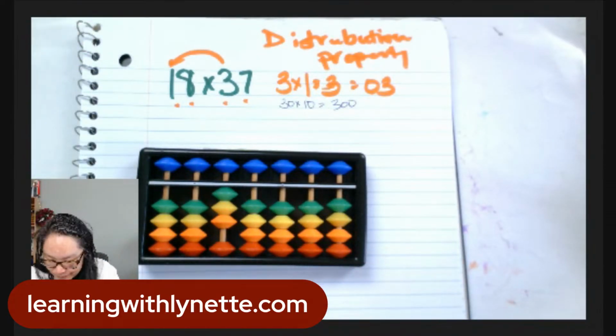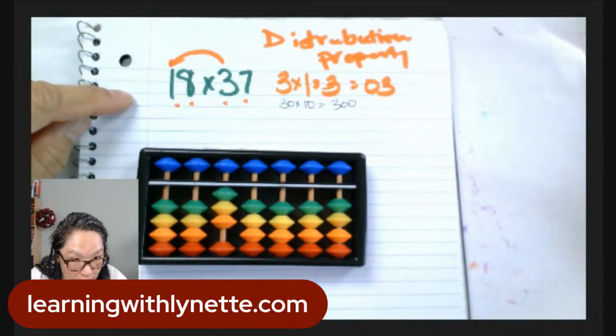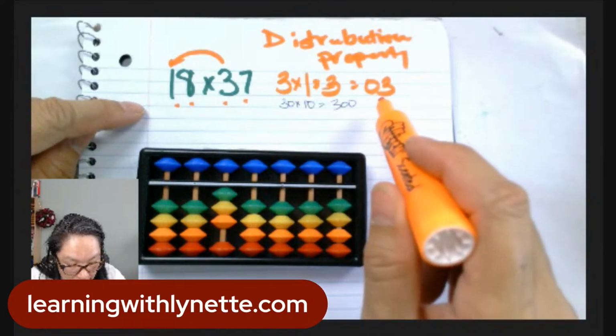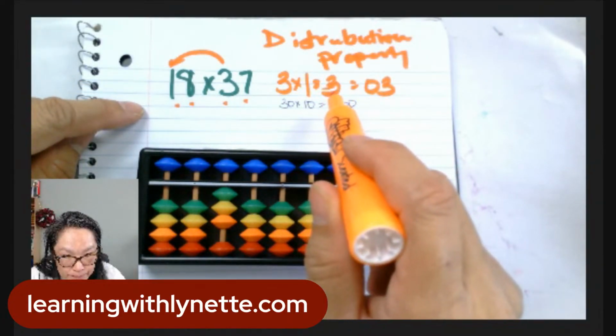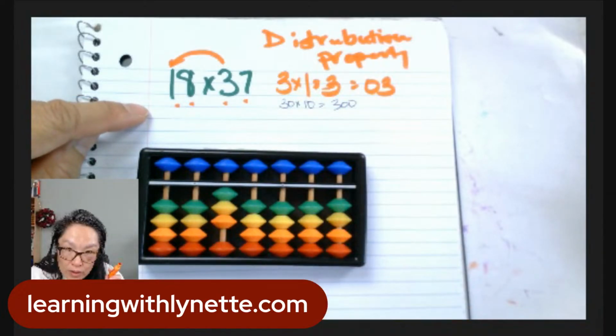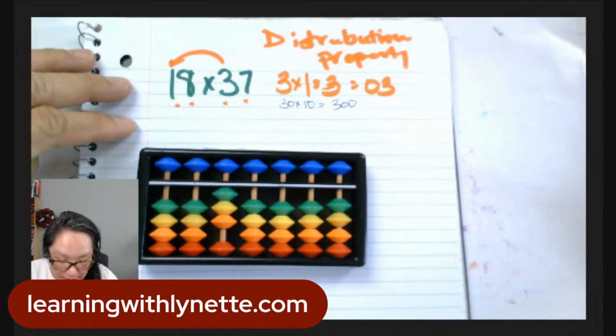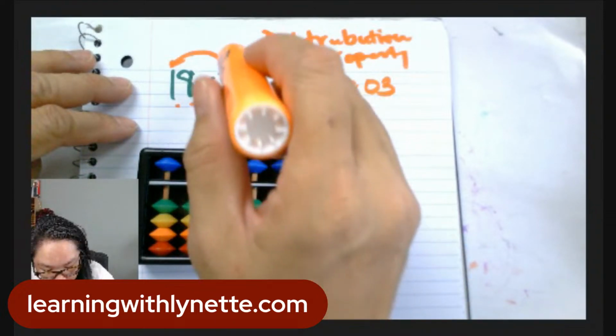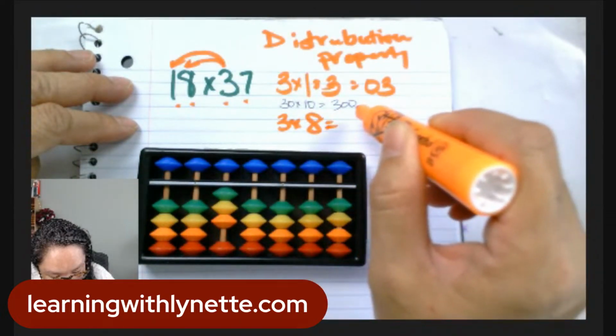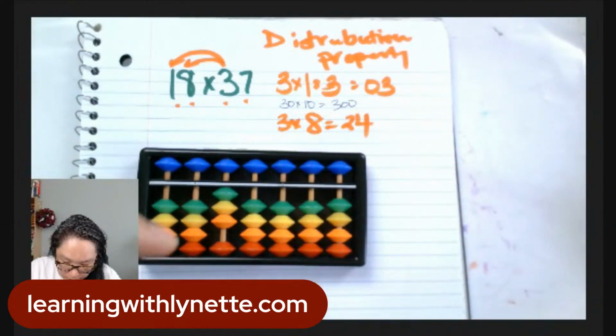Okay, what's next? If it's a single digit, you go back one column. That's one way to remember. Or make a single digit into a double digit. So then we have 3 times 8 is equal to 24.